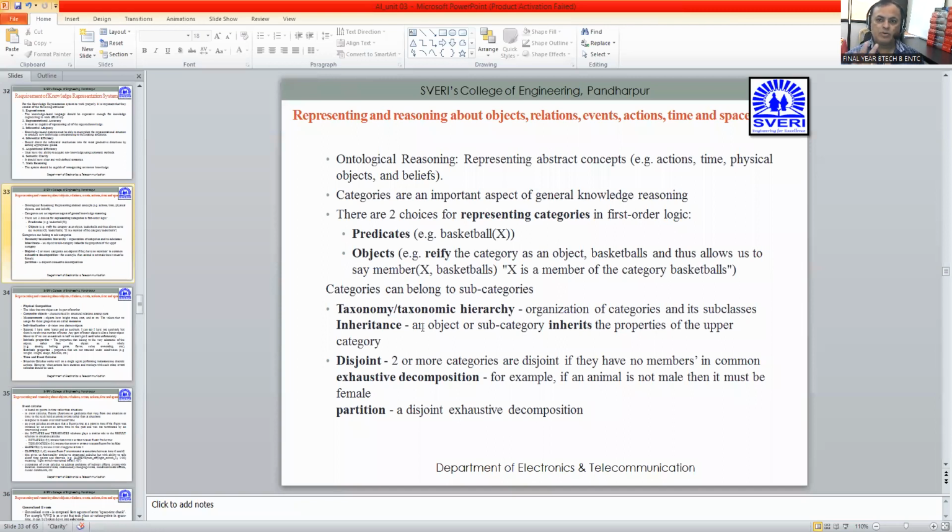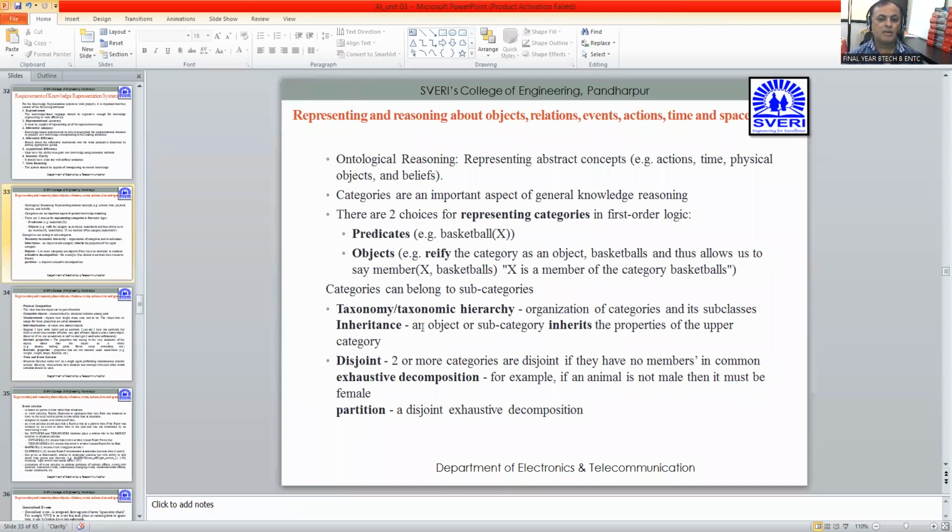So we have seen there are two types of categories. First one is a predicate, that is basketball X. The second one is an object. So X is the member of the category of a basketball. Now these categories can be divided into the subcategories. The first one is a taxonomy hierarchy, the organization of category and its subclasses.